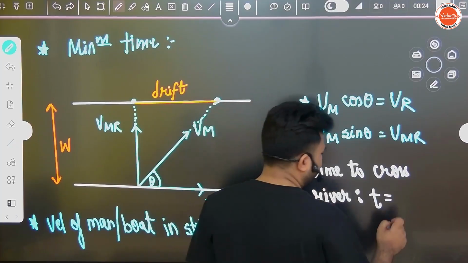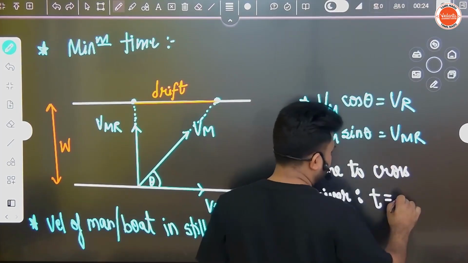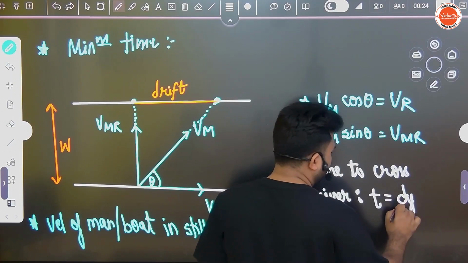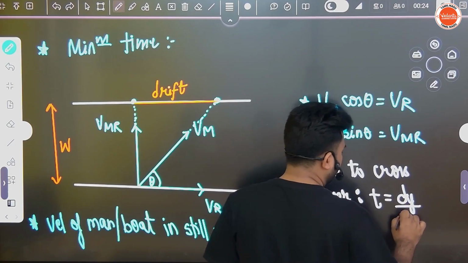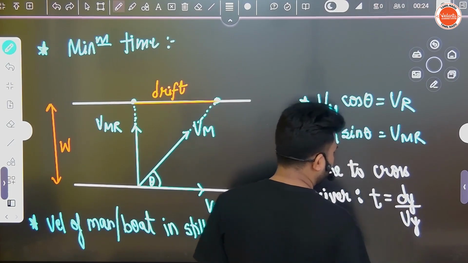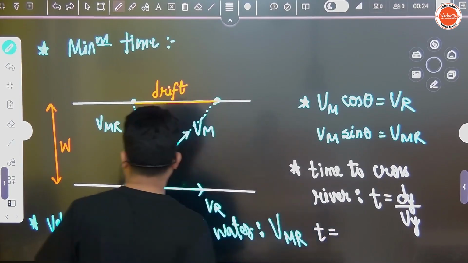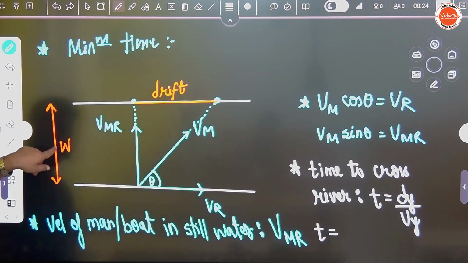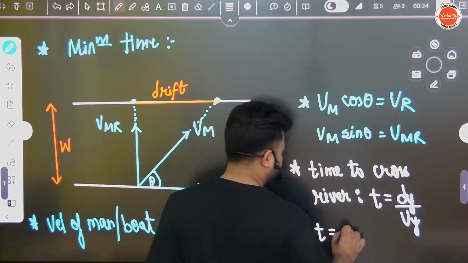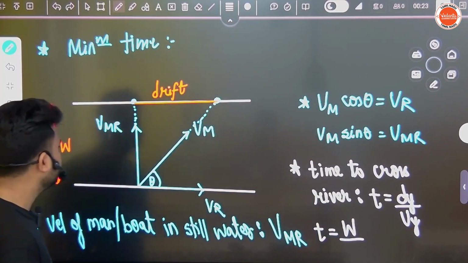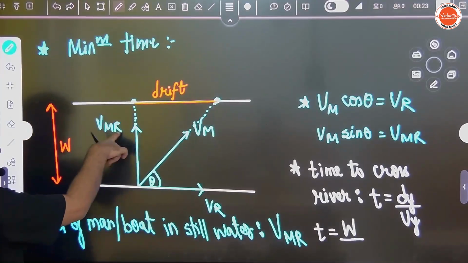But because we are concerned with y direction, so distance in y direction, the man has to cover, divided by what is the speed in y direction. So time equals to distance in y direction. How much distance it has to cover in y direction? W, width of the river, divided by speed in y direction. In y direction, what is the speed? VMR.